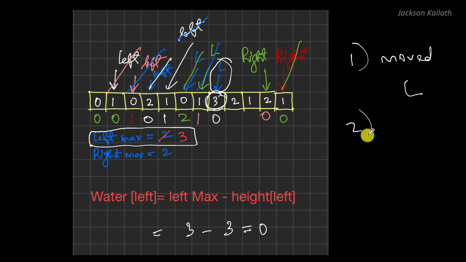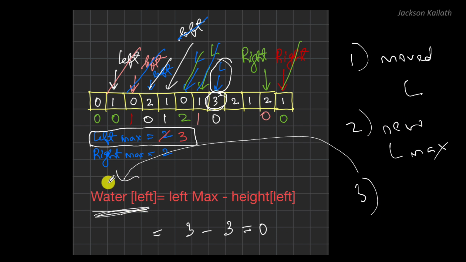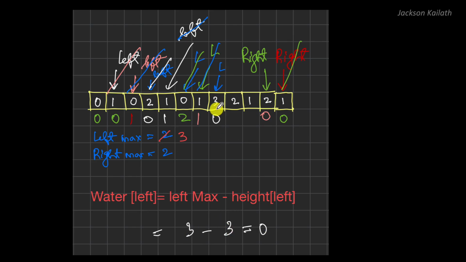Therefore, I computed the new left max, and I say water at left, which is water at this new position to which I moved the left pointer, is equal to left max, which is 3, minus height at left, which is this 3. Okay, so 3 minus 3 is equal to 0, and that's why the water that I can store at this position is equal to 0. Now we compare left max and right max, and we see that right max is less than left max, and therefore we have to move the right pointer.